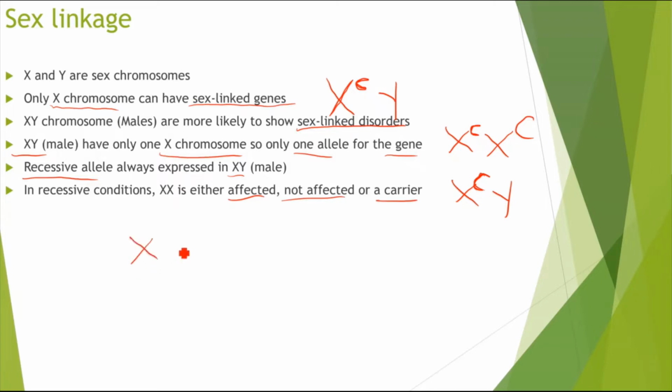So for example, with a recessive condition, lowercase c would be affected, or uppercase dominant C would not be affected, or she can be a carrier, with one capital C and one lowercase c, so she may not have the disorder, but she will be able to pass it on to the offspring, so she's called a carrier.